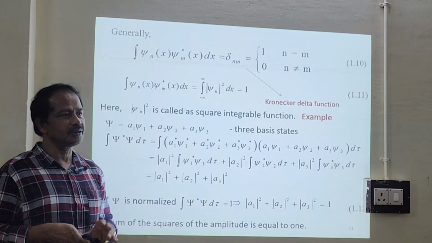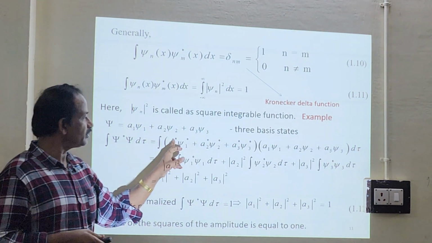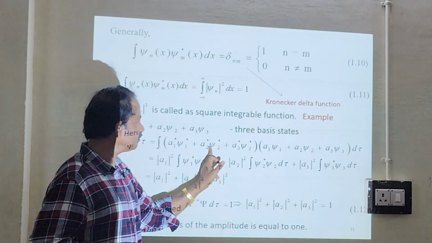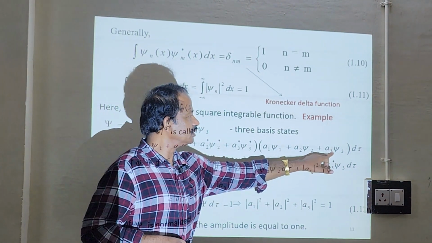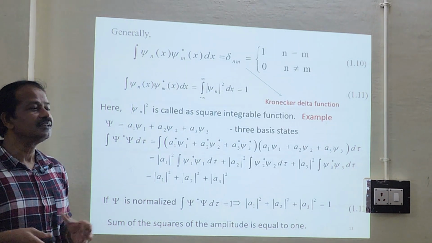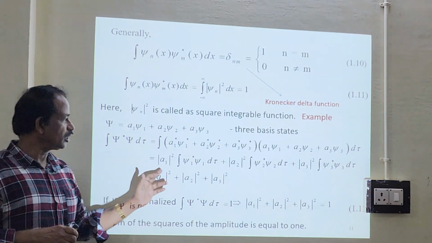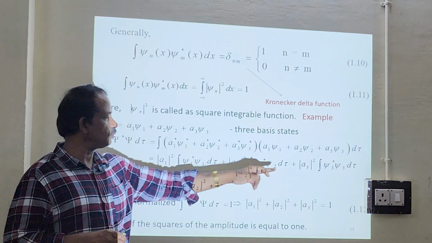I have not written the other combinations. I have written only 3 combinations. I can also write this combination, this combination, and this combination. Other combinations will give you the answer 0. That's why we have not written them. So now, these answers are 1, 1, 1.